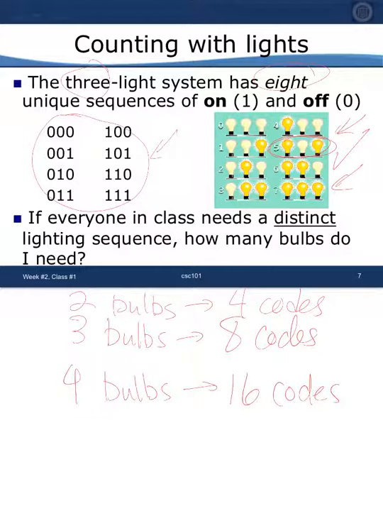So obviously we could keep going with this story, but hopefully there's something you're noticing as I increase the number of bulbs. Maybe you're noticing something that is happening with these number of codes. I won't spoil the surprise because I'll write that down for you shortly.